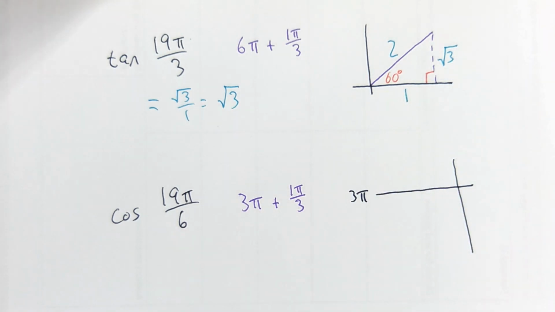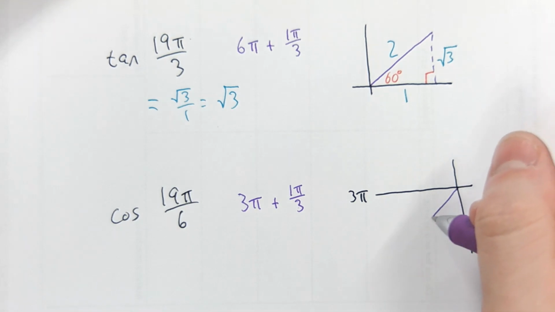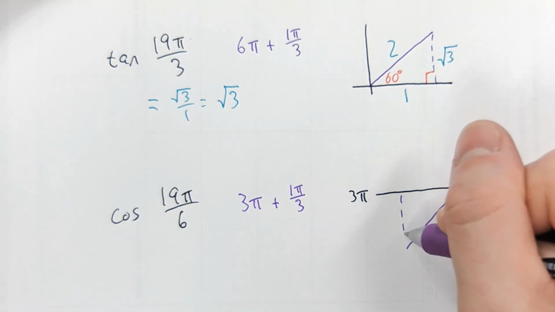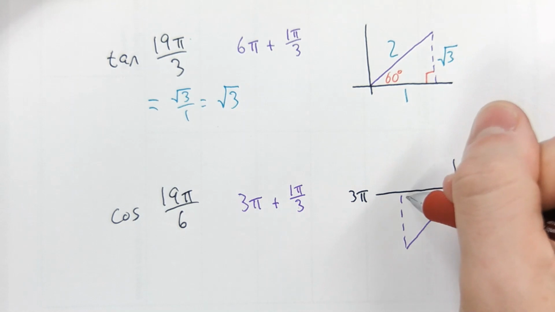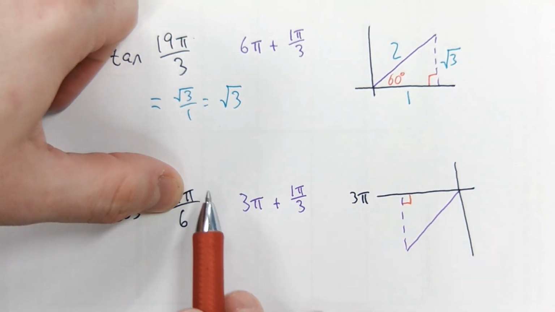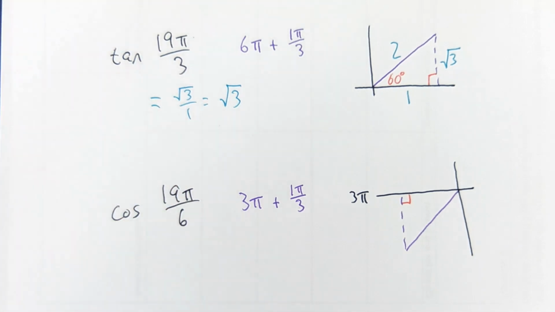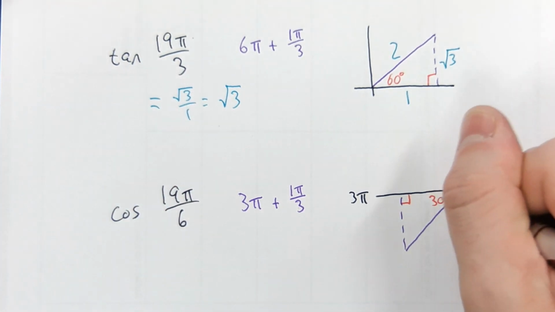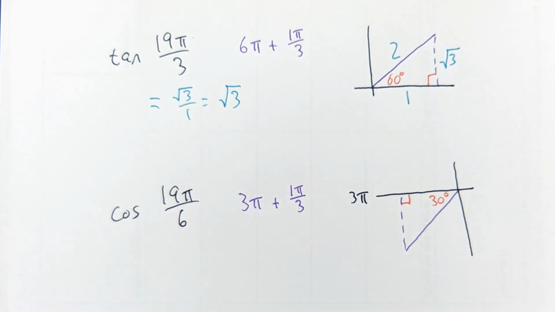So I know I'm drawing a triangle in quadrant 3. Then I ask myself, what kind of triangle? It's an over 6. 180 divided by 6 is 30. So this is a 30-degree reference angle. Now I can fill out my 30, 60, 90 triangle.